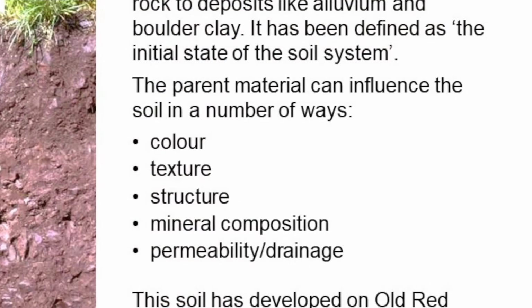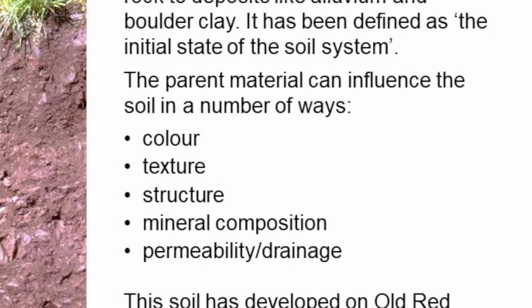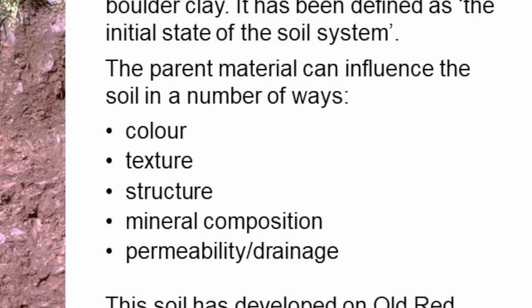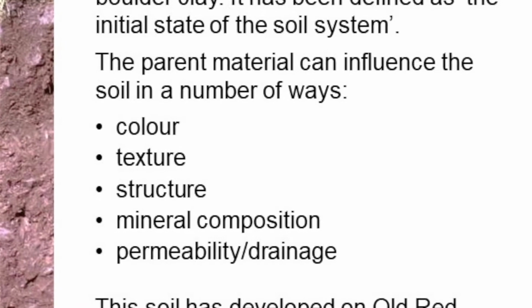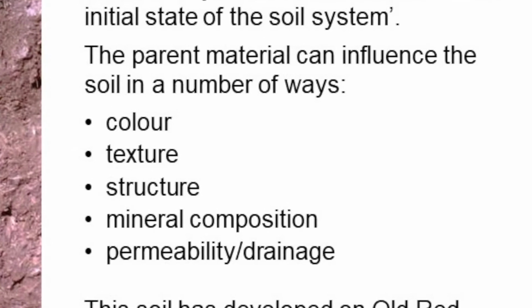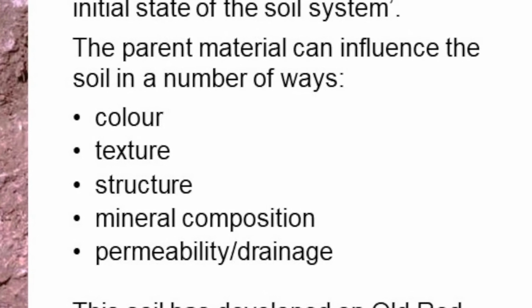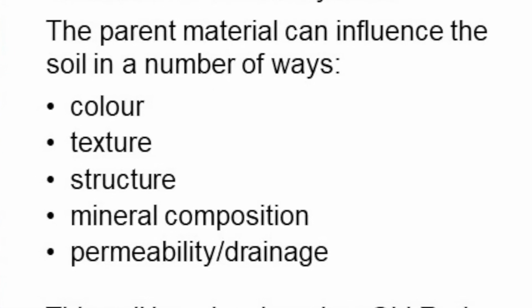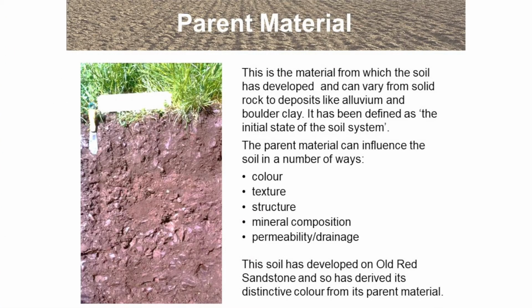The parent material weathers over time and has a large effect on any soil we consider today, as it influences soil colour, soil texture, soil structure, the mineral composition of the soil, and the soil's permeability or ability to drain. Soil texture refers to the distribution of particle sizes within the mineral component of the soil and will be covered in more detail later.